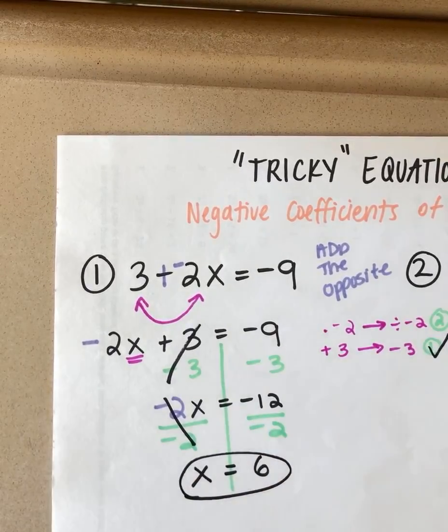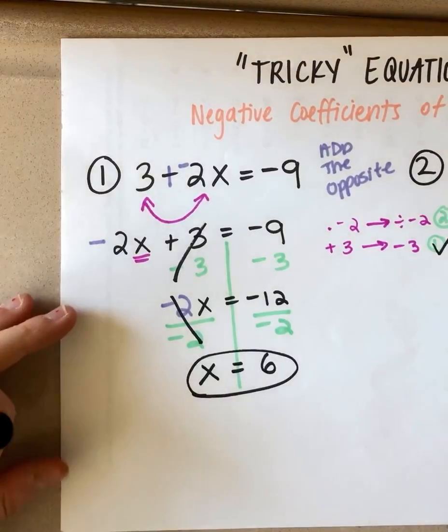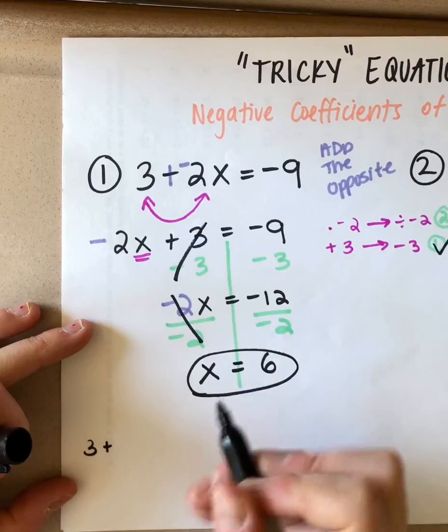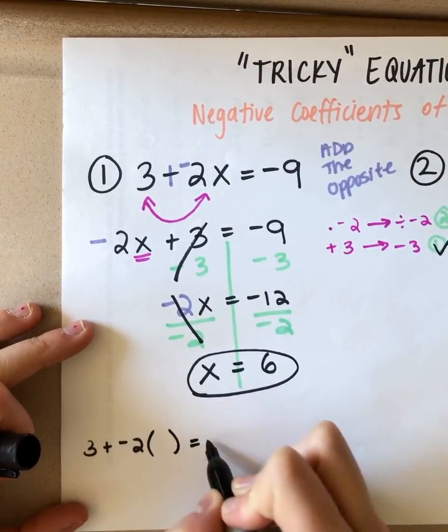Because this was a problem that had a lot of negative signs, I need to be careful and make sure that I went through it right. So at the bottom of my page, I'm just going to do a quick check. I'm going to take my equation, 3 plus negative 2 times my answer equals negative 9.